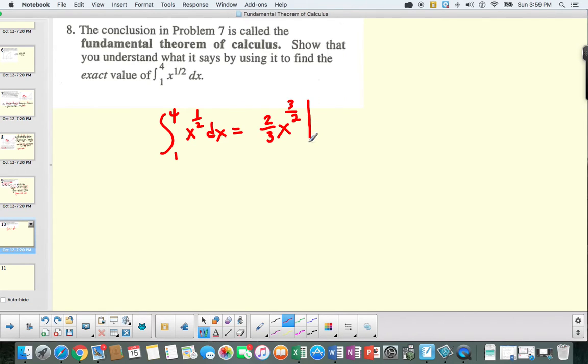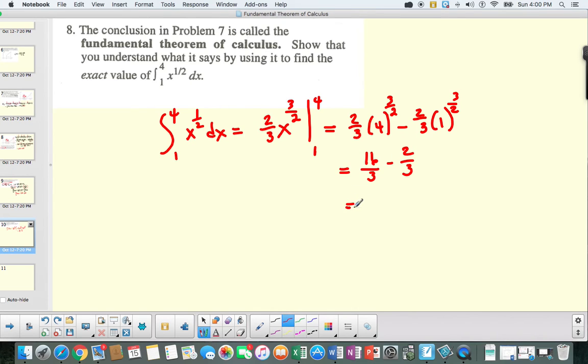We want to evaluate it from 1 to 4, and this symbol here says I'm about to evaluate it. So I want to take this antiderivative and evaluate it at the upper limit, which is 2/3 times 4 to the 3/2 power, minus the antiderivative evaluated at the lower limit, and then we're going to get 16/3 minus 2/3.